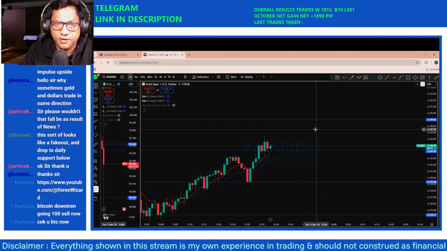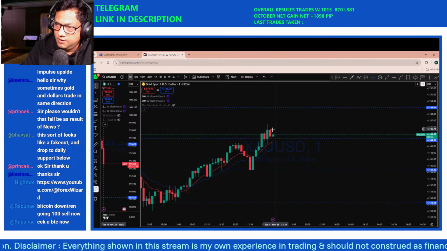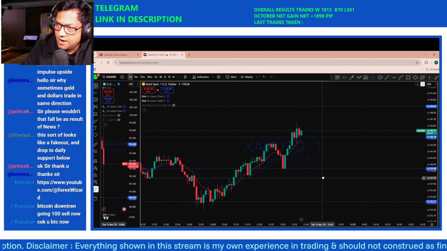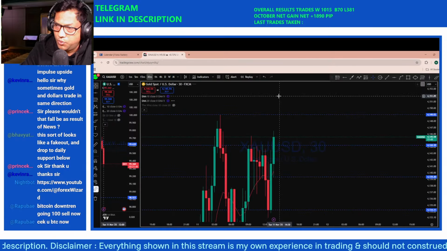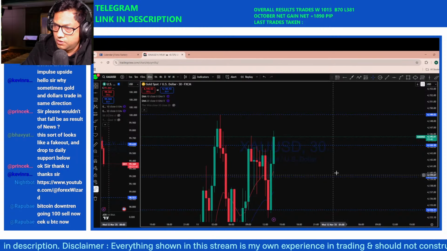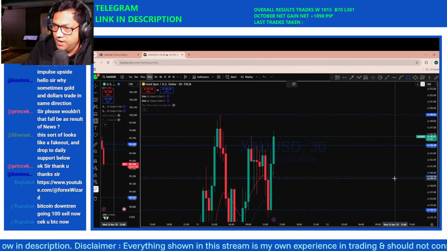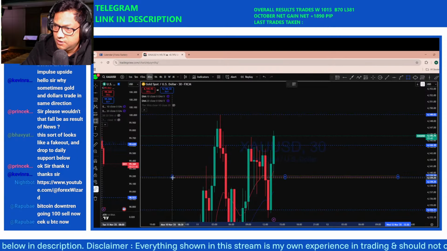All right, so here is consolidation. The current level that we are looking at, 4139, support level for that entry back above here in that market.